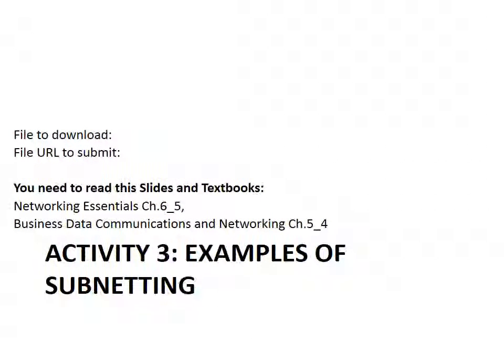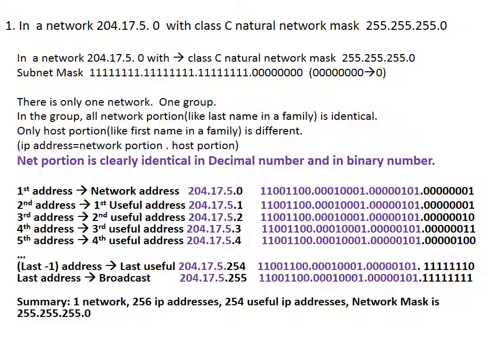Activity 3. Examples of subnetting. In a network 204.17.5.0 with the Class C natural network mask 255.255.255.0, there is only one network. The network address is 204.17.5.0.